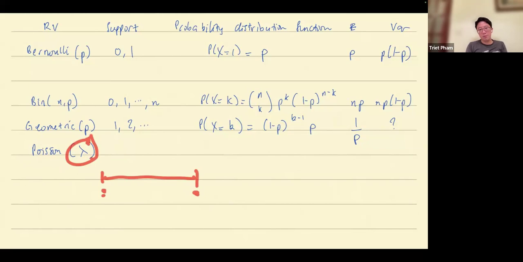For example, if you look at the number of earthquakes during a year, that can be modeled using a Poisson random variable, because you can have an average rate of earthquakes per year. You can also look at the number of people arriving at a store during an hour. That can be modeled as a Poisson random variable with a certain rate.